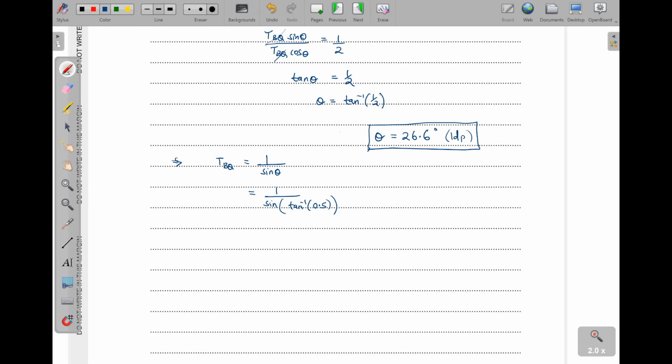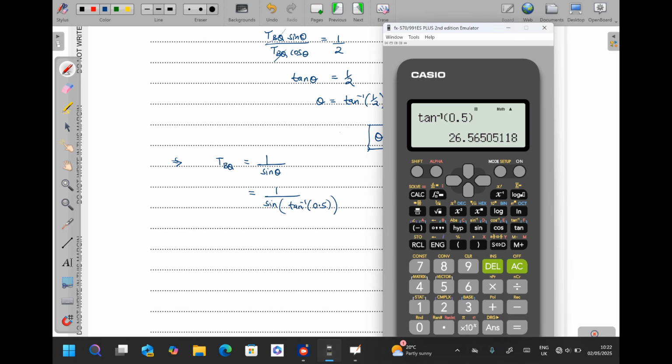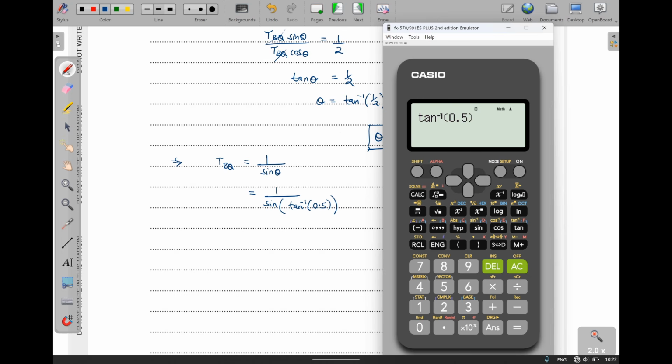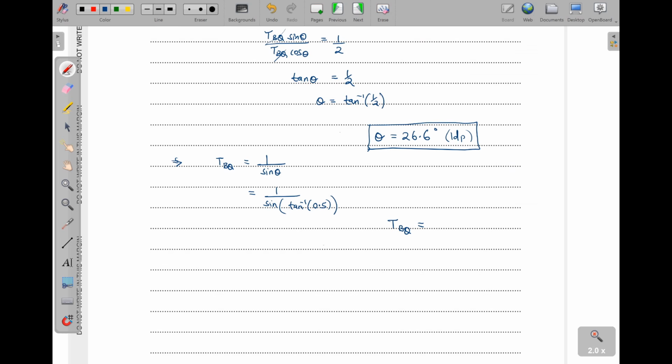And then you see what the calculator gives you. So TBQ is going to be equal to 1 divided by sine of that angle. You see? So this one can actually give us right away, just like that. And we get the answer as 2.24 to 3 significant figures. 2.24 newtons to 3 significant figures, just like that.